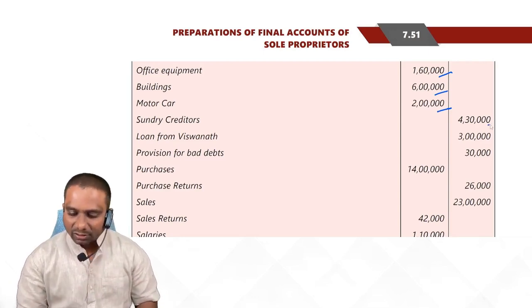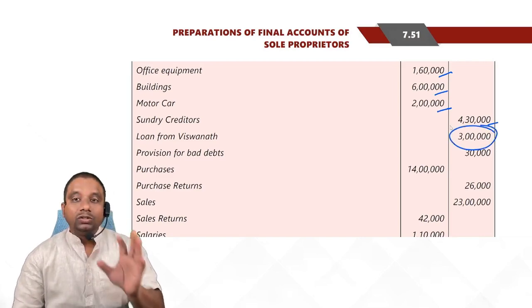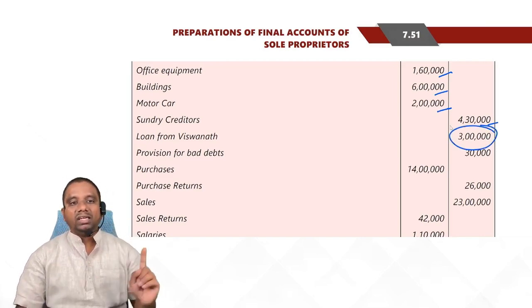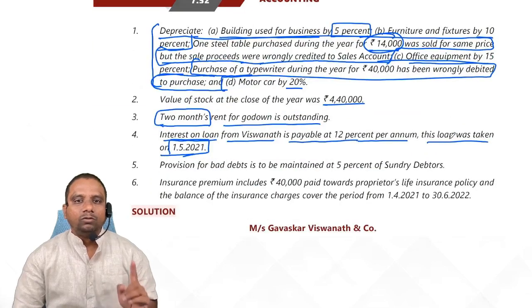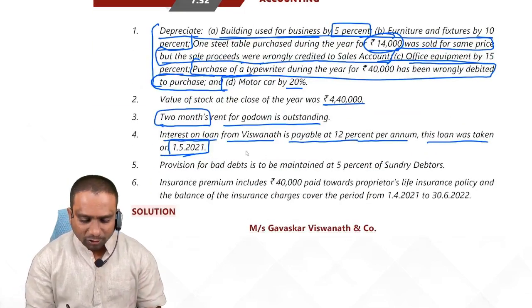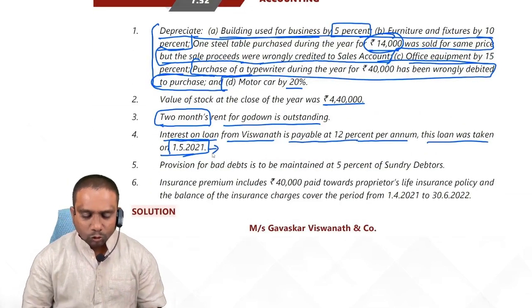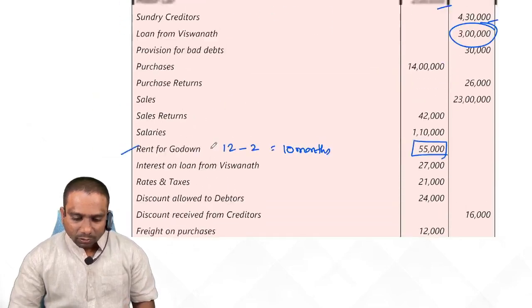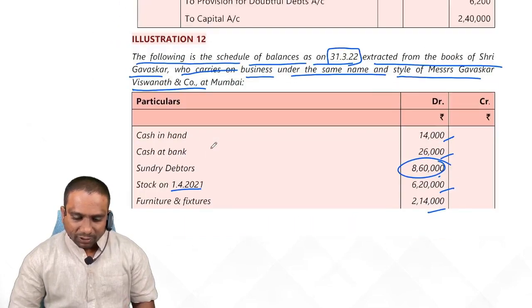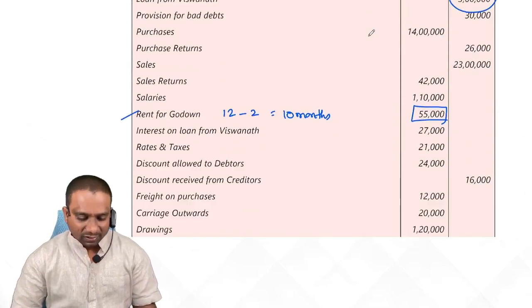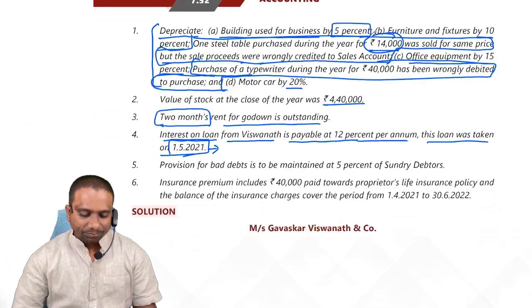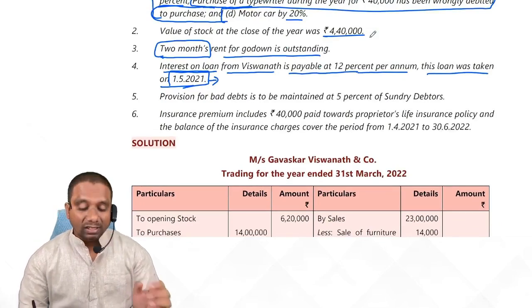Okay. Next, creditors, liability. Loan from Vishwanath, 3 lakhs. This loan is an actual liability, balance sheet liability side, but this loan was taken on what date? From 1/5/2021 to the books of accounts closing date 31/3/2022. How many months? 11 months.